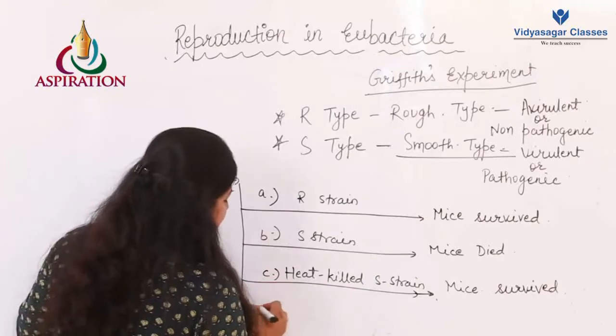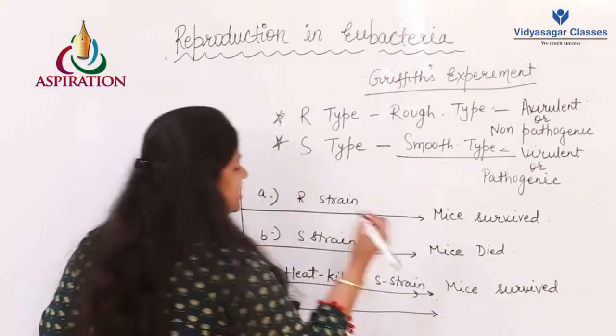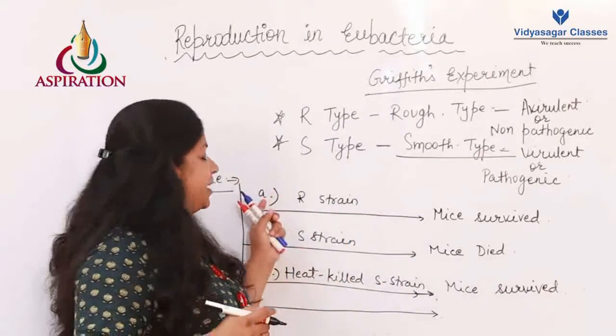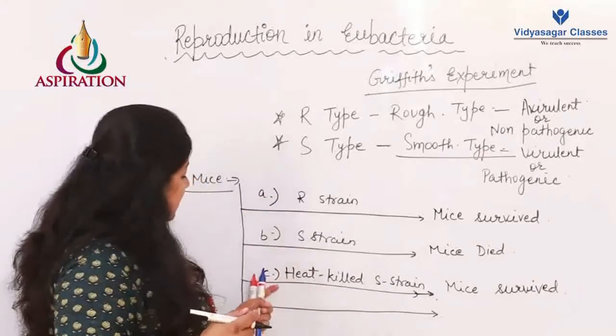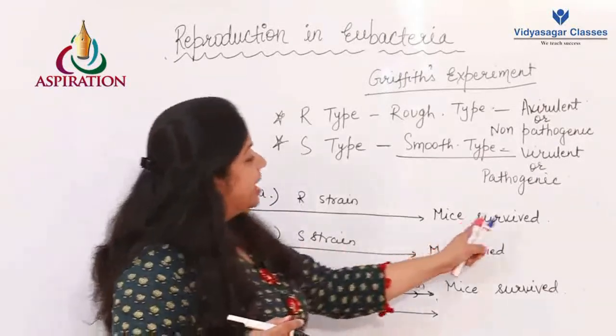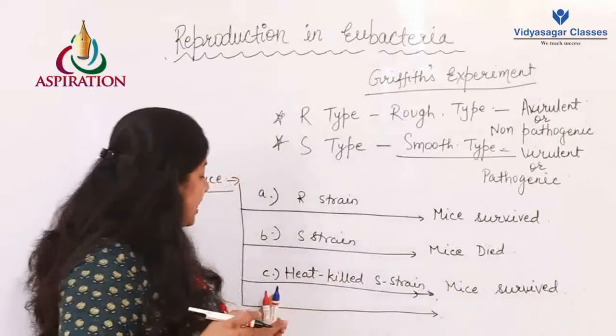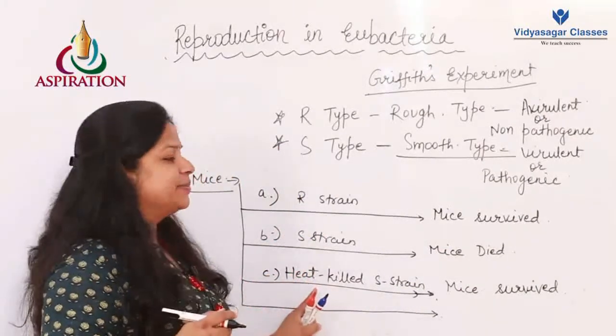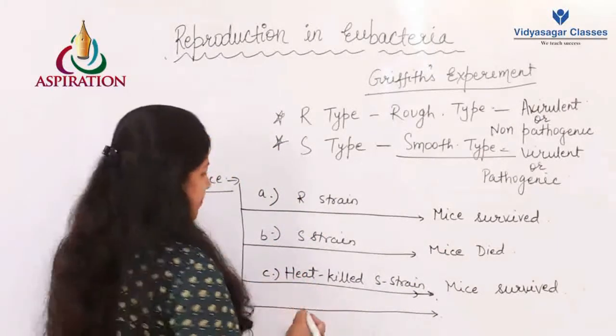To his surprise, in the last step, he combined first and third step in which the mice survived. But when he combined these two steps, the mice died.